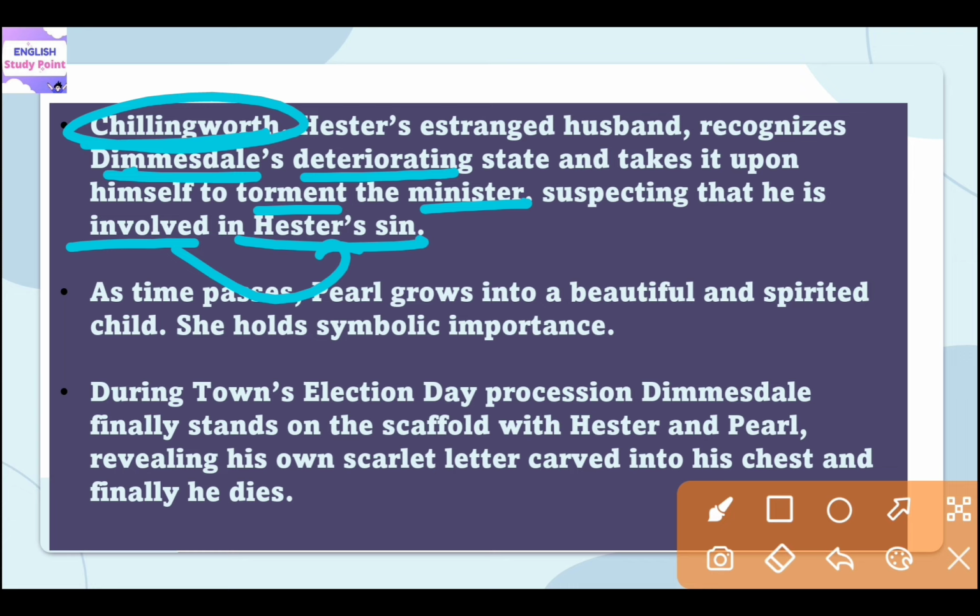As time passes, Pearl grows into a beautiful and spirited child. She holds symbolic importance. How does she hold symbolic importance?